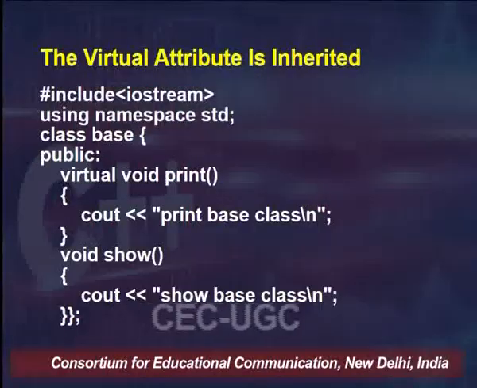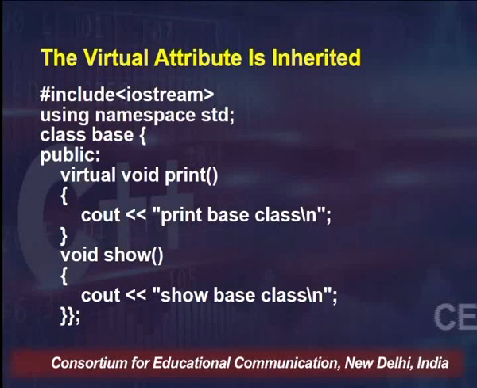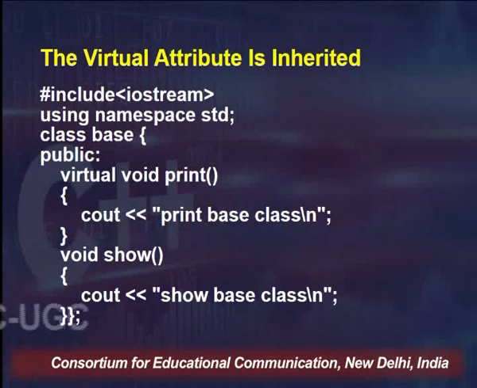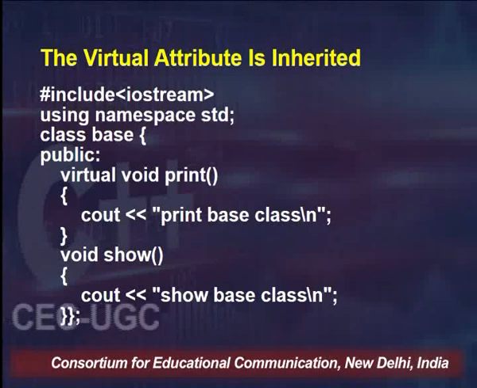You can see the code of this base class on the screen. We have #include <iostream> and using namespace std, these two standard statements, and in the public section of the base class I have two functions. One is the print function, declared as a virtual function, and the other is the show function, declared as a normal function.